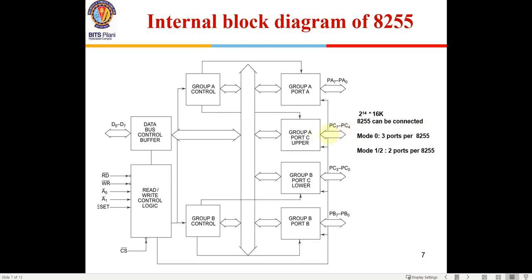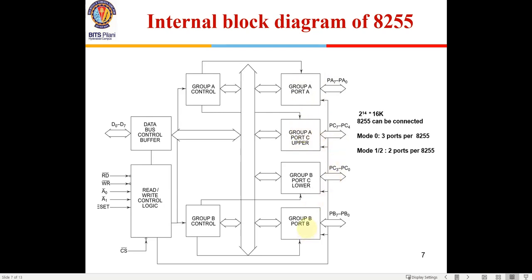So what do handshaking signals mean? It will give an interrupt signal coming from the input output port, and an acknowledgement, and we will see those 4 signals subsequently. But for the time being, understand that in mode 1, the 4 upper pins of port C will be combined with group A if group A is configured for mode 1 operation.